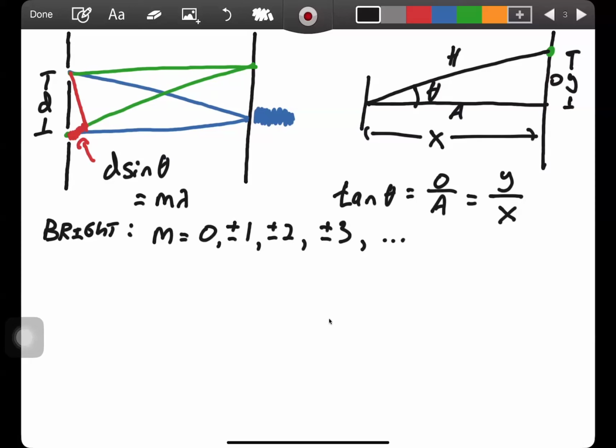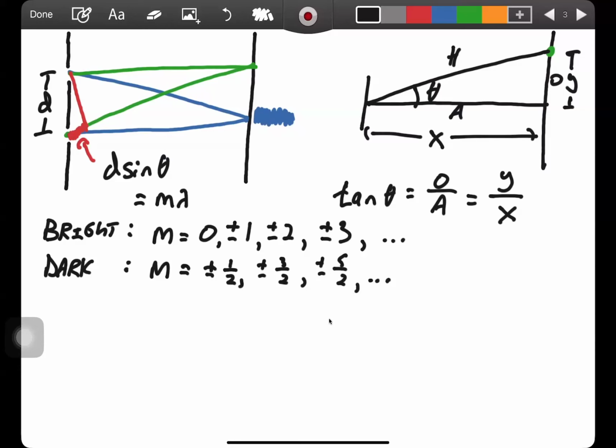And so if instead m is equal to plus or minus 1/2, plus or minus 3/2, plus or minus 5/2, and so on.